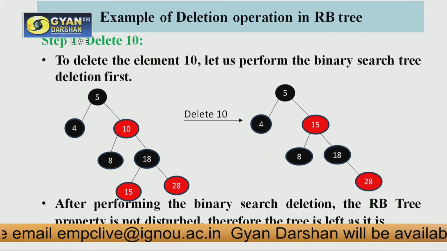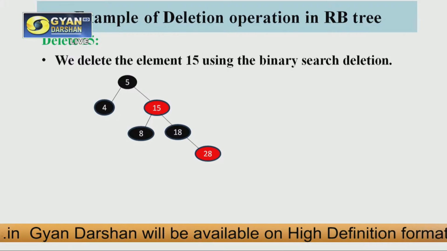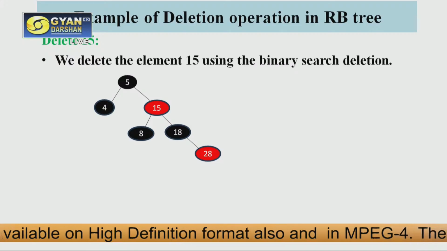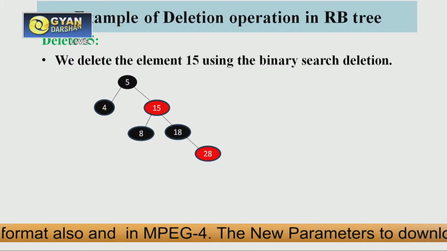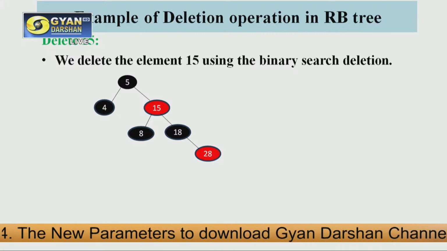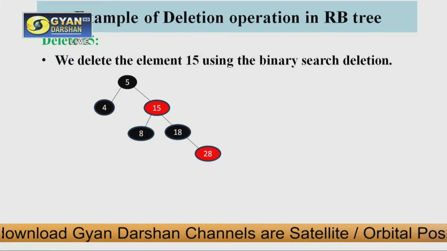Now after this, we want to delete 15. Again, 15 is a red node. So which case will be followed? It is case 1. If the node to be deleted is red, then just delete it using the binary search tree deletion method.